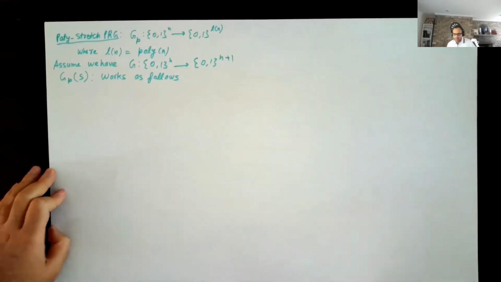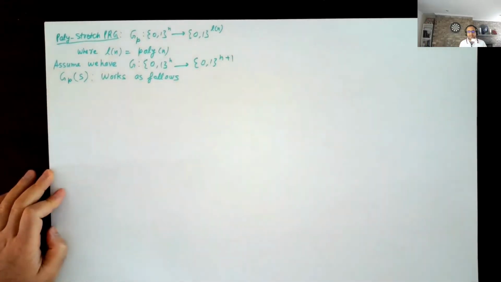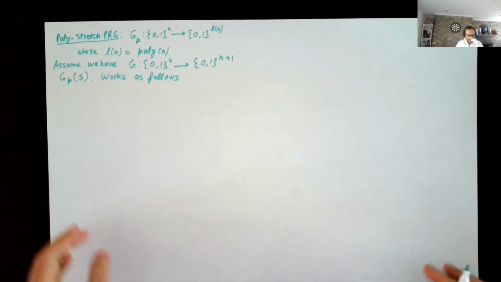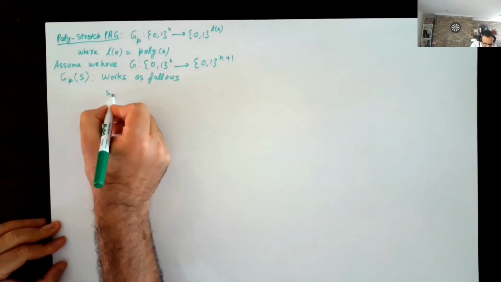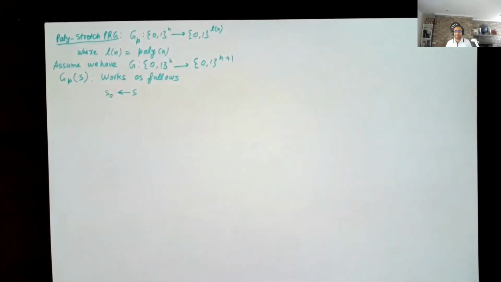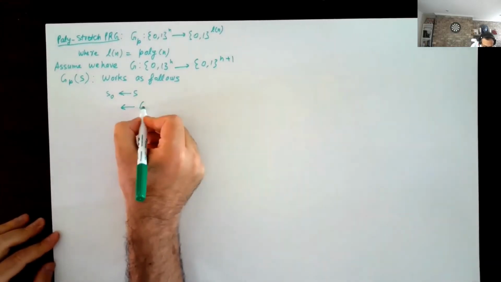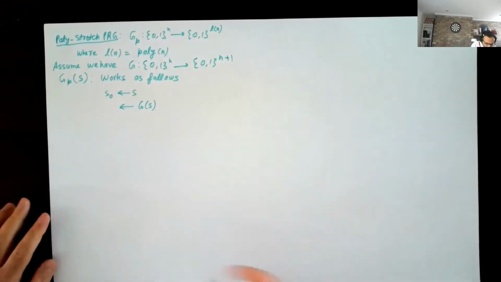We'll do it in many steps. If we need an L of n bit output, we will basically have L of n steps. In each step, we will select a new seed. The first seed, which we call S0, is the same one given to us as input. Then you apply G of S0, and that gives you an n plus 1 bit output.